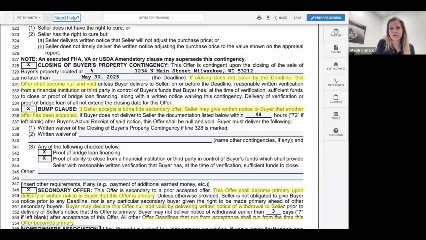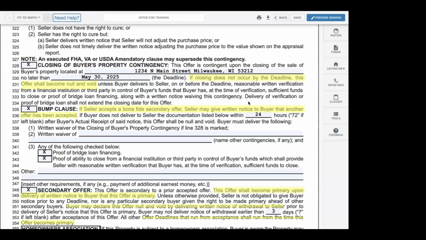So you don't have to wait until the close date. You only have to wait until the bump notice period is done. So that's 48 hours, 72 hours. Sometimes this is as little as 24 hours. So does that answer the question?